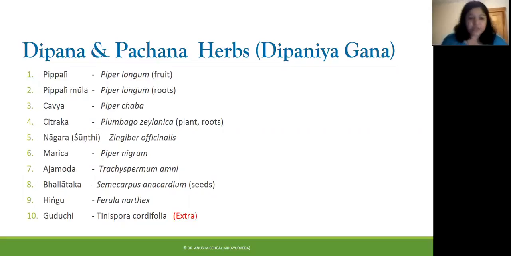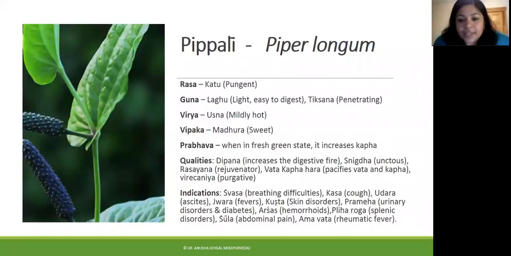Okay, so we'll go through each one of these herbs and look at the properties. The first one is Pipali, and Pipali is Piper longum. It's very much like black pepper, from the black pepper family, but slightly longer than the black pepper.